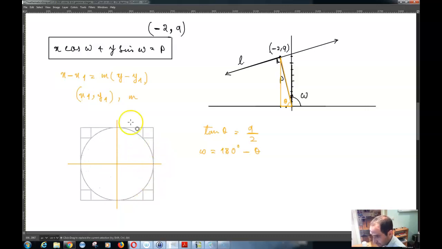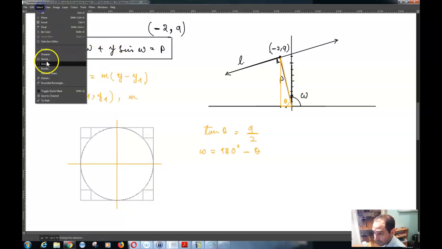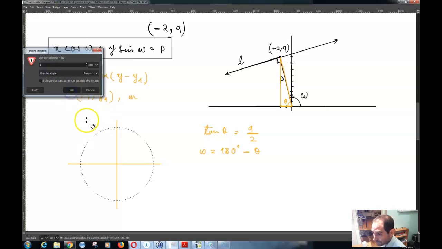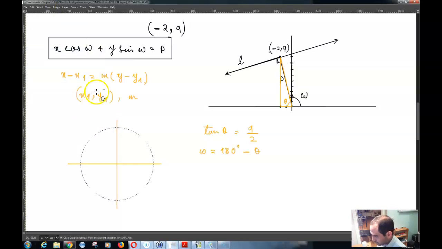Let's say that I have a unit circle over here, and let's suppose that I have some angle over here, and this angle I call theta.